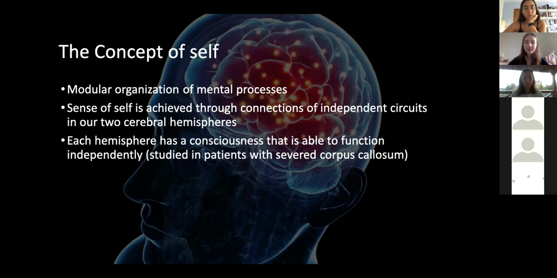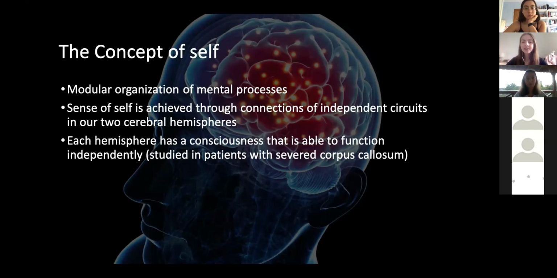It's really something that arises from the connections and from the different neuronal circuits, from the feedback and feed forward that goes on in your brain all the time. The sense of self is actually achieved through these connections of these independent brain regions. And one thing that's really important, which I already mentioned, is the two hemispheres, your left and your right hemisphere. Their communication is what gives you this collective consciousness.